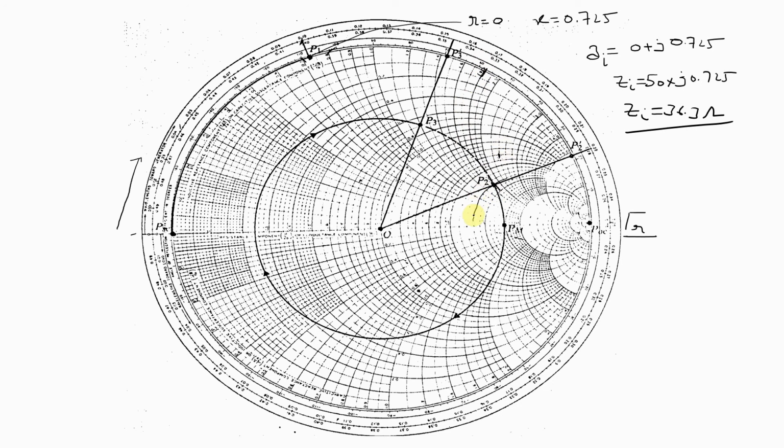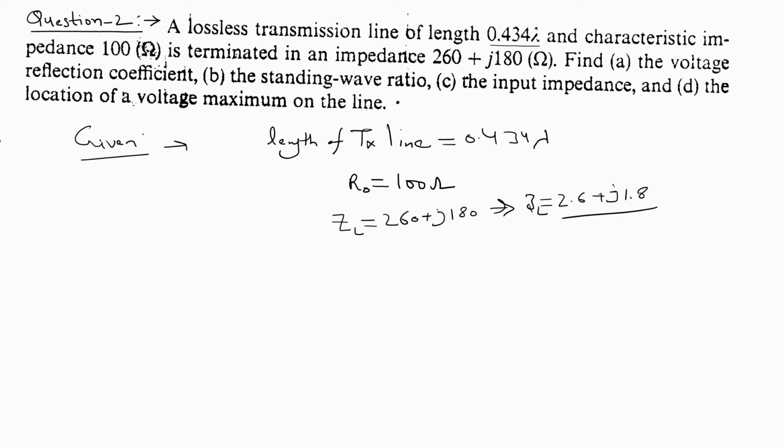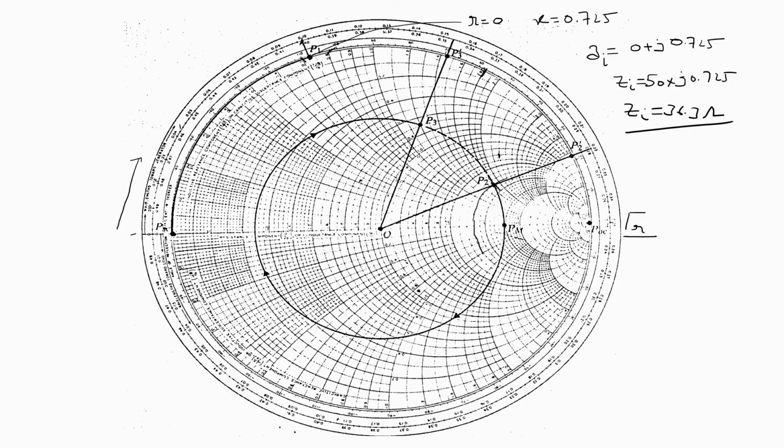This point we have marked as P2. This point is 2.6 plus 1.8. So we have taken x 1.8 and R 2.6, and the intersection point will give you P2.